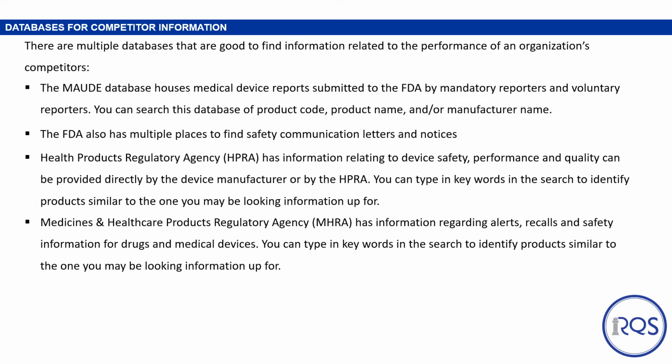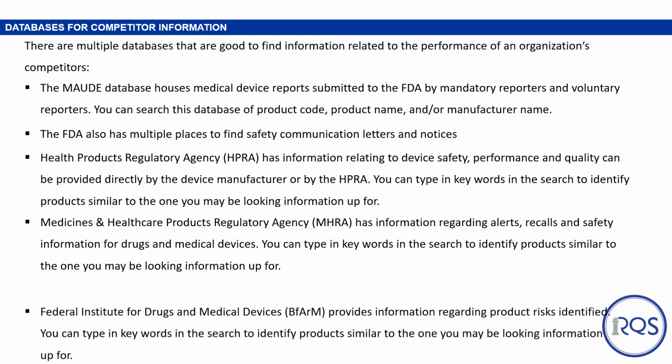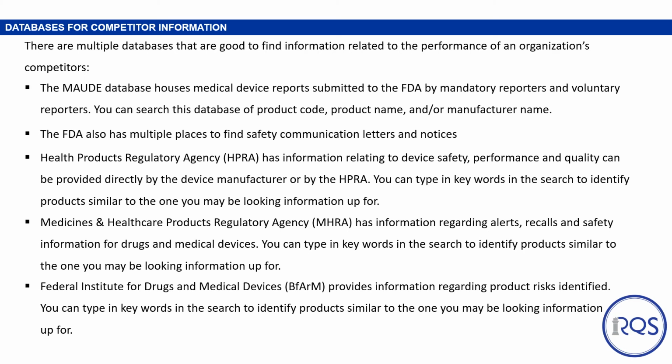With this database, you can also type in keywords in the search to identify similar products. And lastly, there's the Federal Institute for Drugs and Medical Devices, also known as BfArM, which provides information regarding product risks identified. Like the others, you can type in keywords in the search to identify products similar to the one you may be looking for information for.